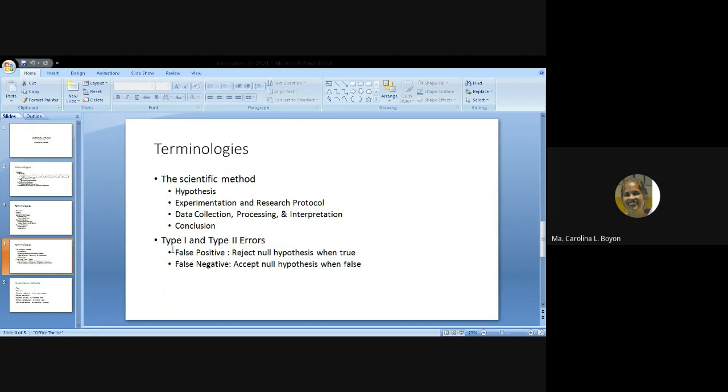So for technical interpretation of results of research, you will have to use technical language, which means the least words and direct to the point.